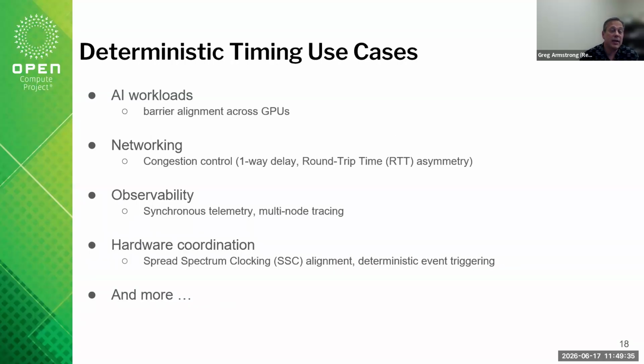But there's a lot of other things we can now do with this, right? Once you've created this deterministic timing, all the stuff we highlighted at the beginning, hopefully we all remembered, we can now look at how we can manage AI workloads. How can we eliminate this barrier of alignment between GPUs?